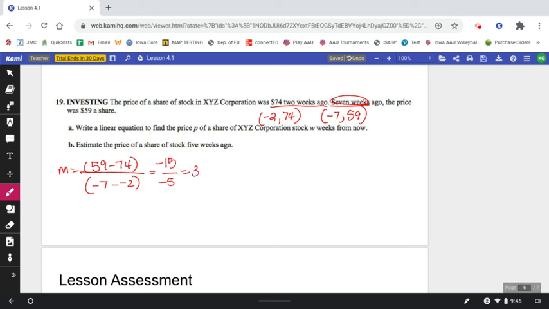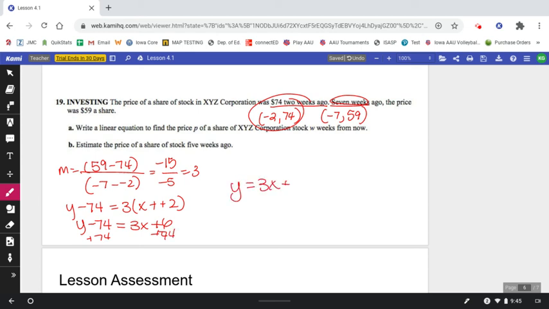So my slope is 3. So then I use that and my first point. So y minus 74 equals 3 parenthesis x minus -2. y minus 74 equals 3x plus 6. Add 74 to both sides. y equals 3x plus 80.